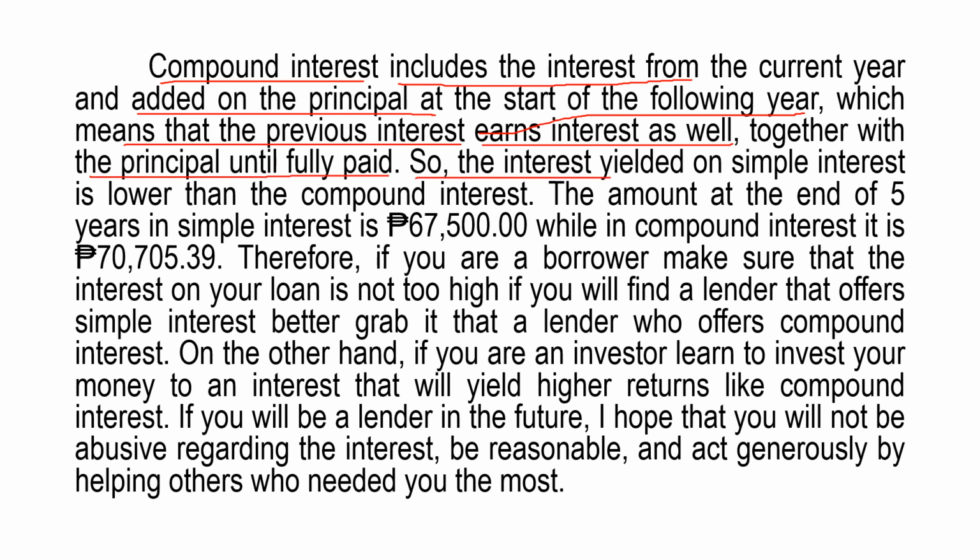So the interest yielded on simple interest is lower than on compound interest. The amount at the end of 5 years in simple interest is 67,500, compared to compound interest, which is 70,705. So it's about 3,000 more, I think.